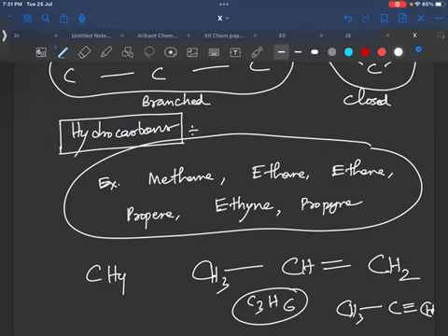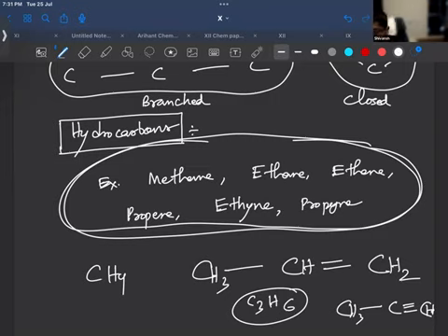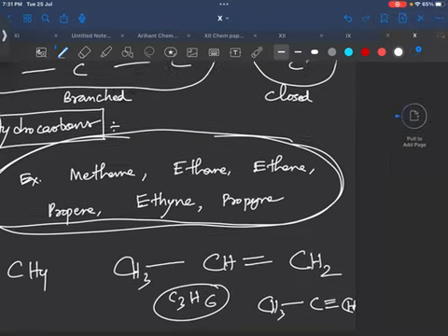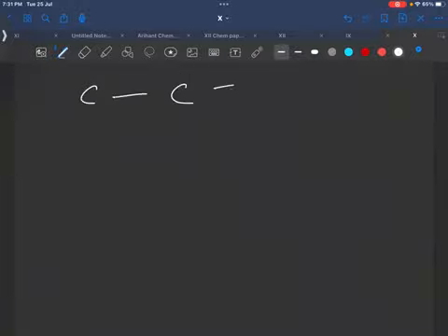It's very simple. Just write down these examples. The propyne formula isn't visible very clearly. Okay. C triple bond C H.